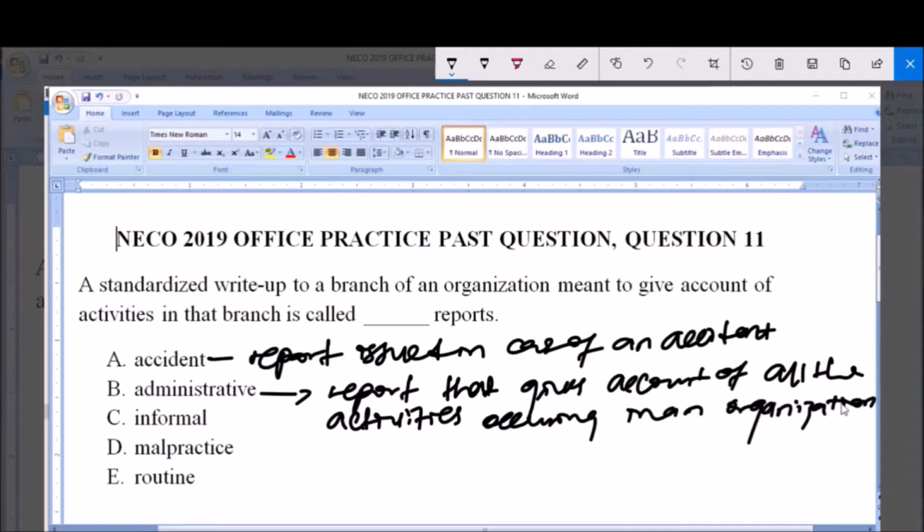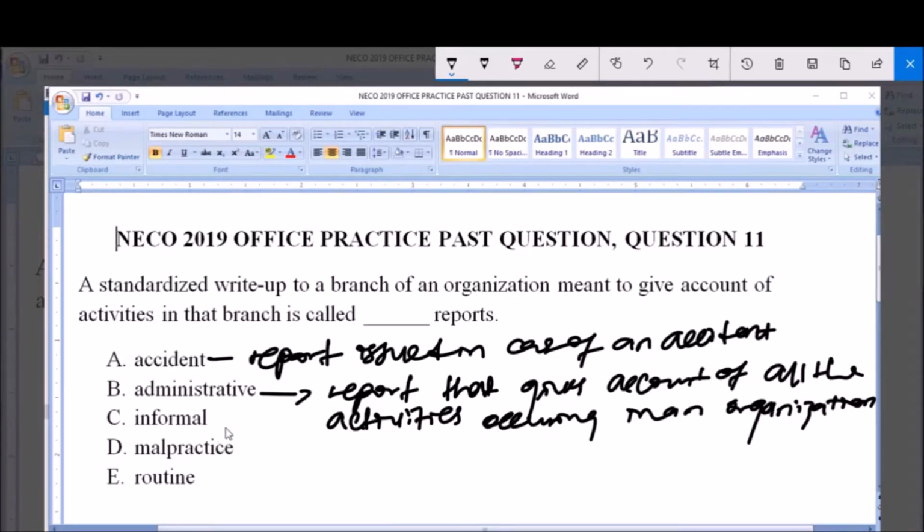That is, even if this organization has branches elsewhere, this report covers the activities occurring in this organization and its respective branches. So this report covers the activities of the branches of an organization.